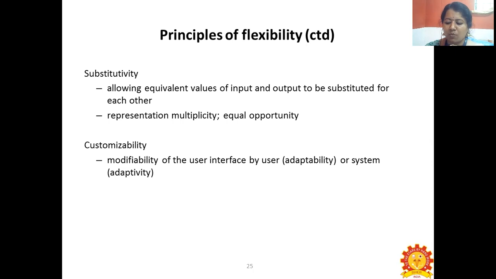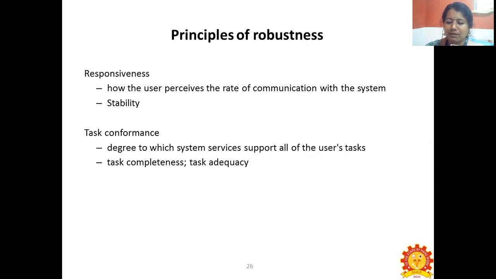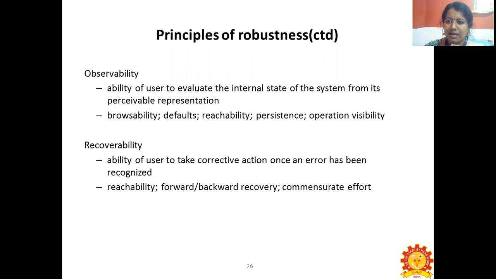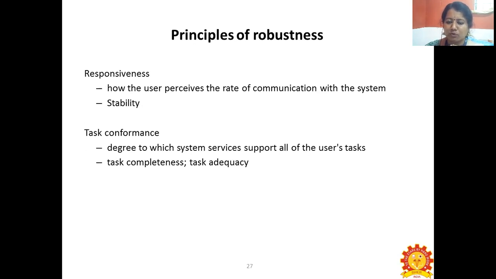Next, we are going to see about the principles of robustness. So under the principles of robustness, we'll be having responsiveness, task conformance, observability, recoverability. So these are the 4 principles which come under the robustness. The first one is the responsiveness.